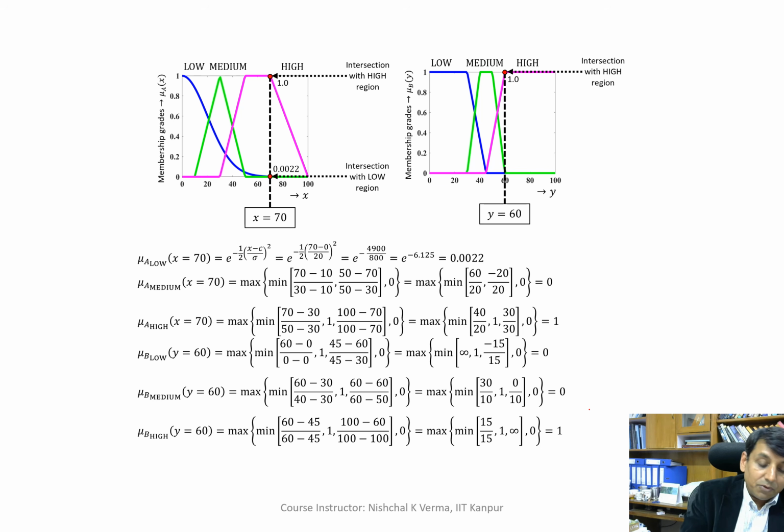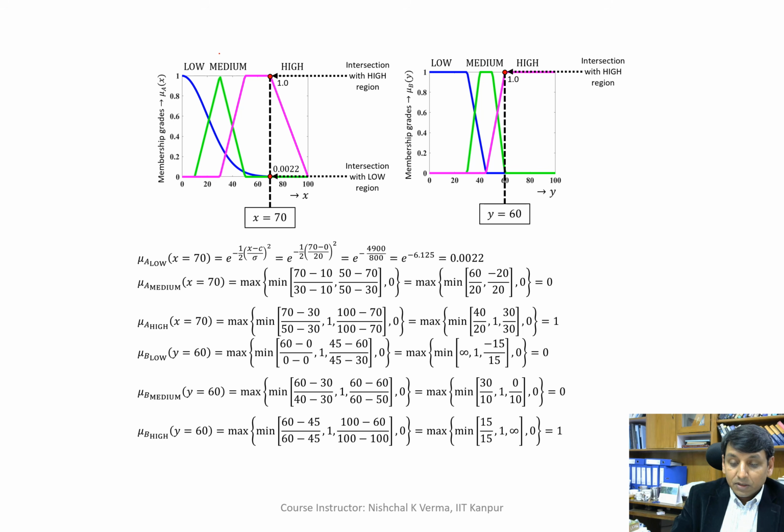First of all, we plot all these membership functions, and these membership functions designate the fuzzy sets low, medium, high, and similarly for the output as well.